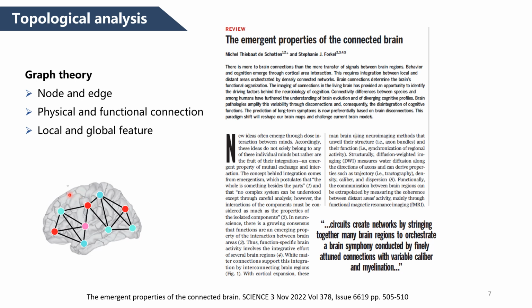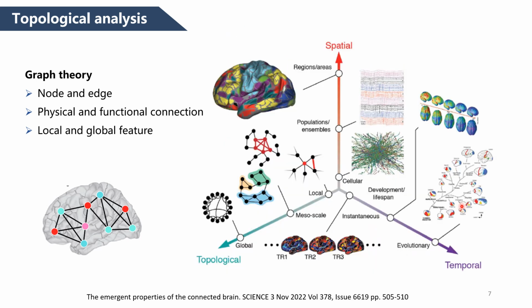By analyzing these nodes and edges, it has become possible to identify important features such as crucial nodes, modules, or pathways. The identified local and global features can then be applied to disease diagnosis and the development of treatment strategies. Compared to conventional analysis methods that rely on spatial or temporal information, topology-based analysis offers a fresh new perspective.